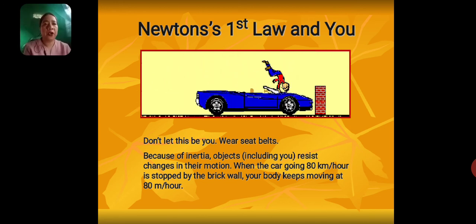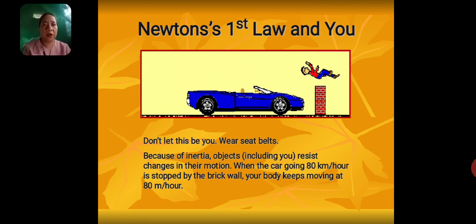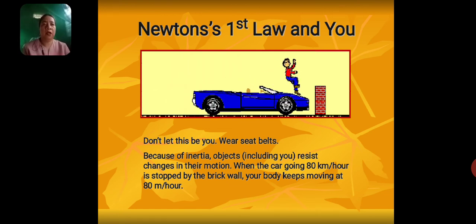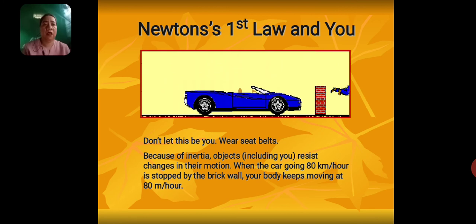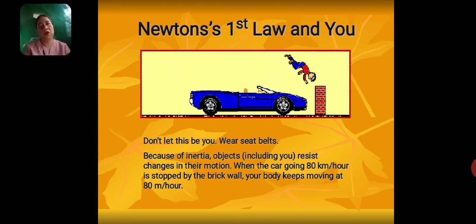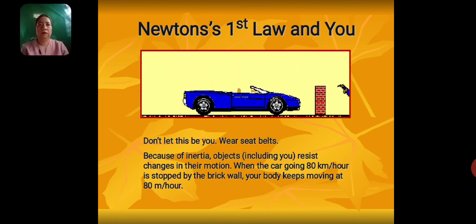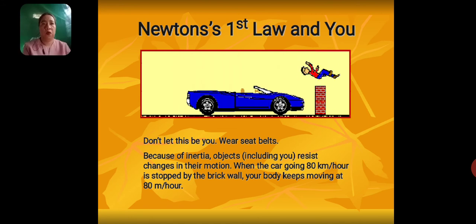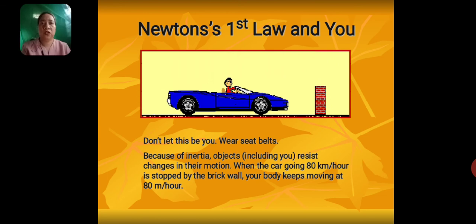So when the car going 80 km per hour is stopped by a brick wall, your body keeps moving at 80 km per hour. This usually happens when there is an accident. If the driver is not wearing a seatbelt, they will fly outside or hit the windshield of their car.